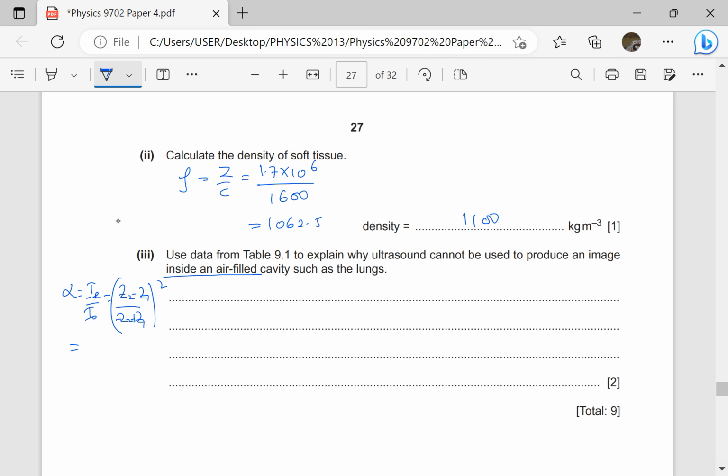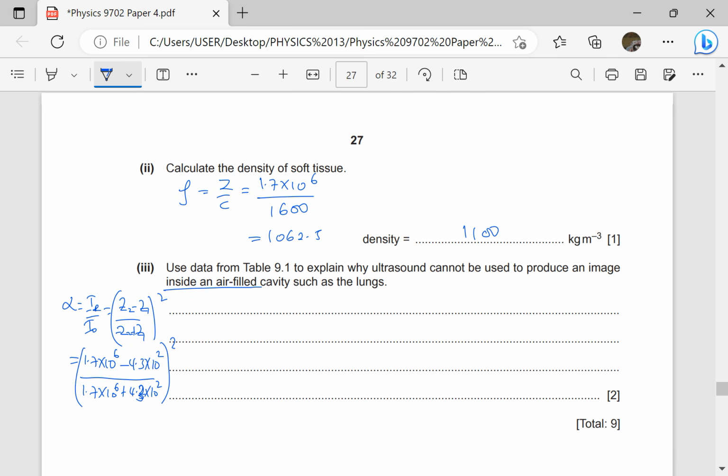So alpha is going to be 1.7 times 10 power 6 minus 4.3 times 10 power 2, divided by 1.7 times 10 power 6 plus 4.3 times 10 power 2, and this should be squared. If you are experienced with this, it will give you 0.999, which is approximately 1.0.